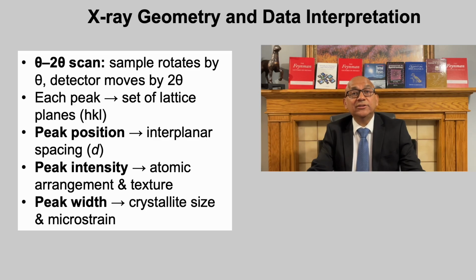Through models such as the Scherrer equation or Williamson-Hall analysis, we can estimate crystallite size and distinguish between size broadening and strain effects. Thus, a single XRD pattern encodes multiple layers of structural information: geometry, symmetry, orientation, and nanoscale strain.